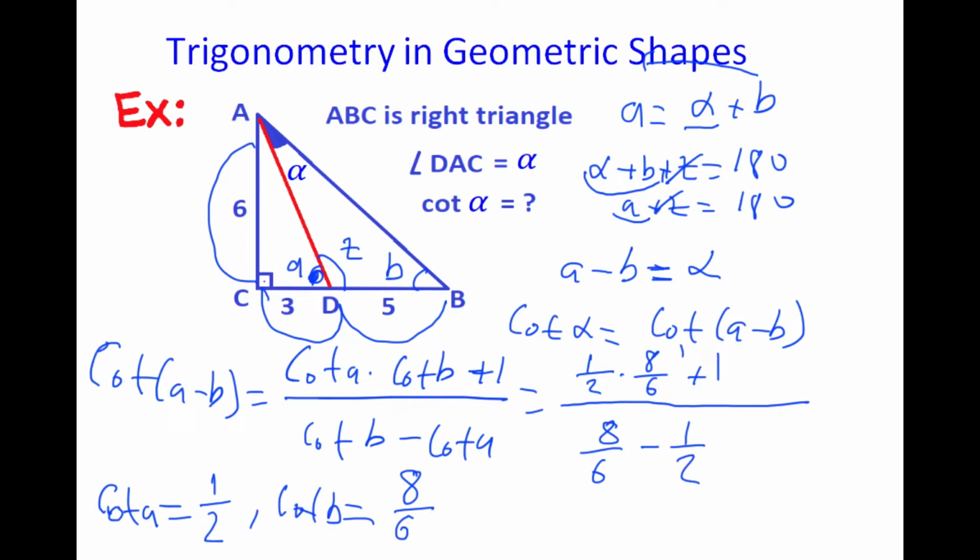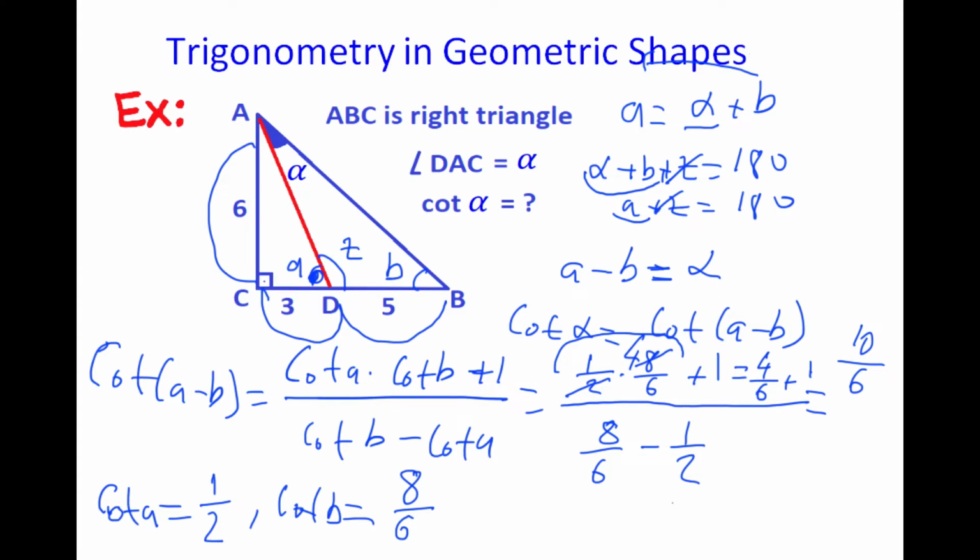In the numerator, if you simplify, this 8 becomes 4, so we have 4 divided by 6 plus 1. If you multiply 1 by 6, we have 6, and 6 plus 4 is 10. So in the numerator we have 10 divided by 6.